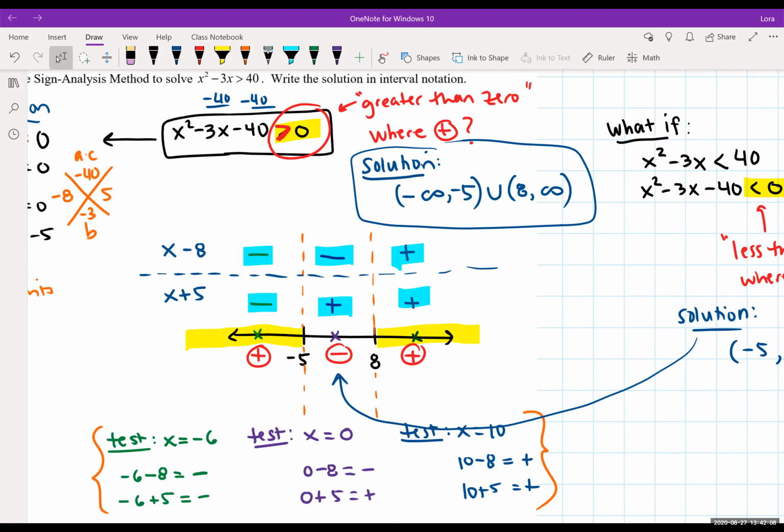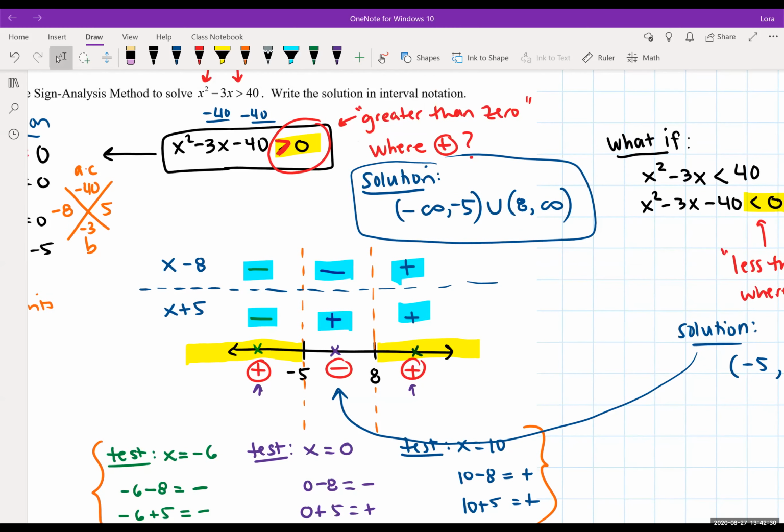So when we see positives, what they're telling us is that the graph of that quadratic function is above the x-axis for those values of x. If we look at the quadratic function, we already know that we have a positive leading coefficient, so it is facing upwards. We actually have a rough sketch of what our graph would be.